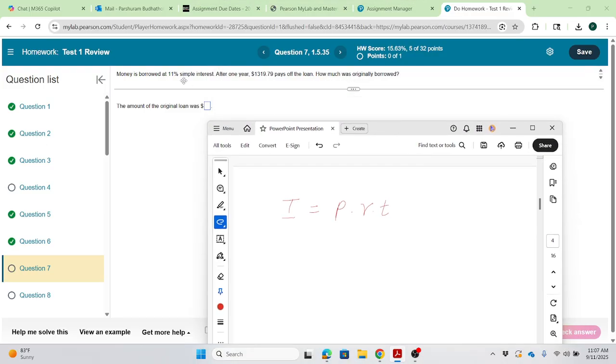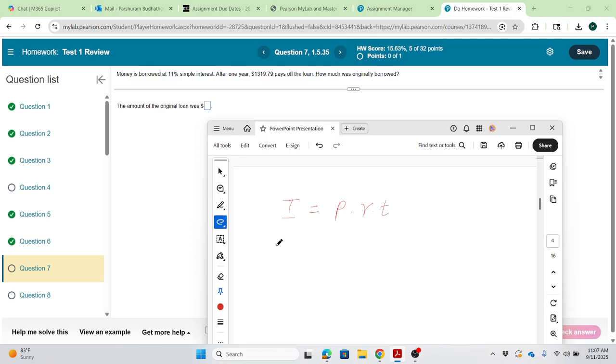In this problem, we know the rate and the final amount they paid back. So this is not the interest, this is interest plus principal. Sorry, interest plus principal is $1,319.79 after 1 year, so the time is 1.